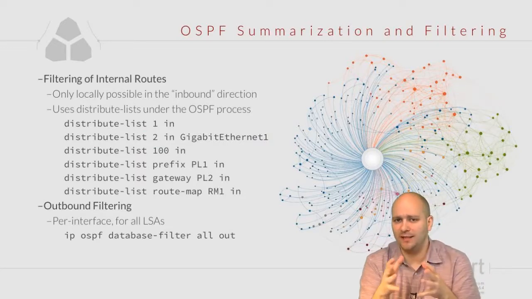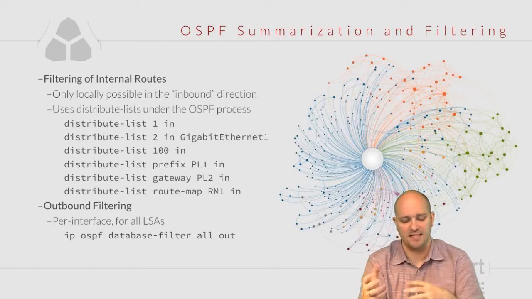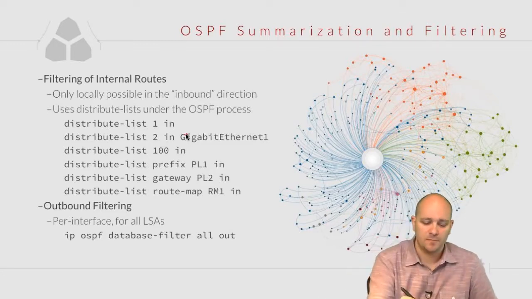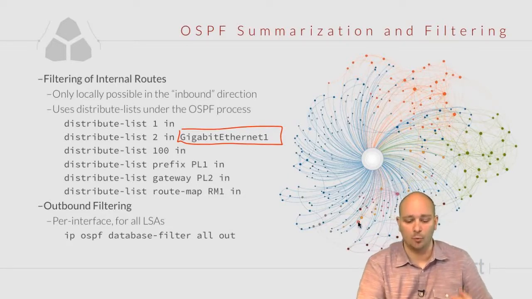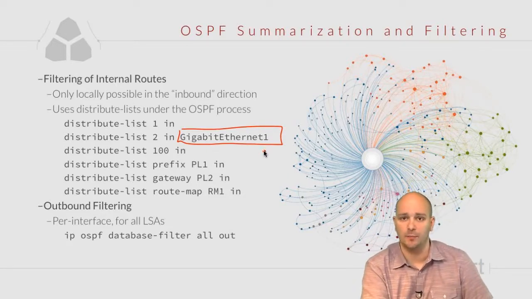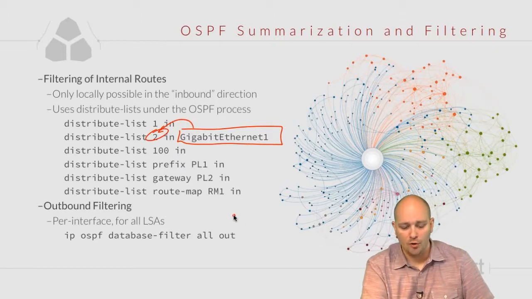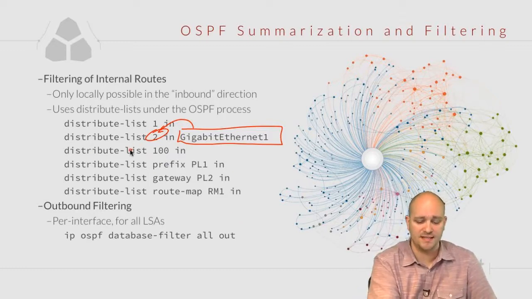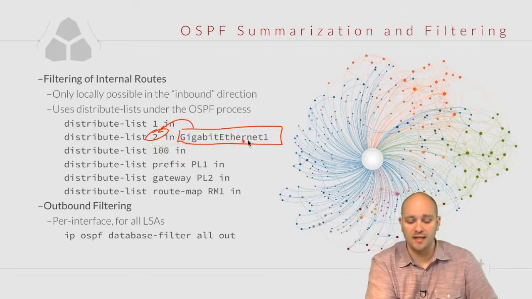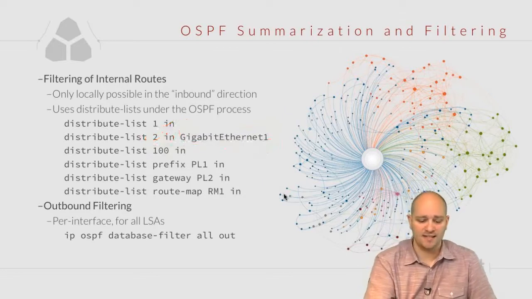But when the routing table is being calculated, when OSPF calculates the best paths, those prefixes that would be installed in the routing table with the outgoing interface of GigabitEthernet 1 are going to be sent to access list 2 for filtering. And we can use pretty much the same syntax with the prefix list. We could say distribute-list prefix PL2 in GigabitEthernet 1. So it's a very, very similar example there.